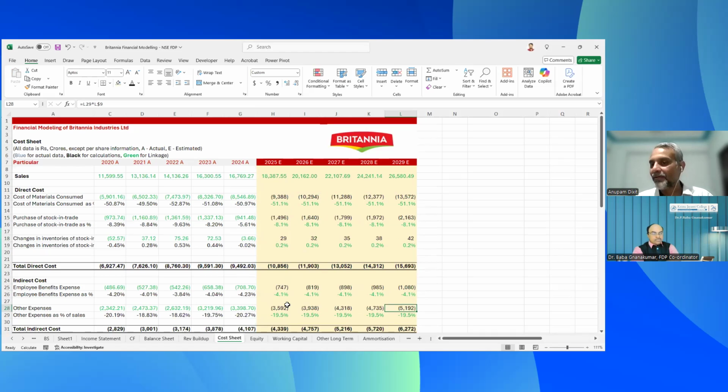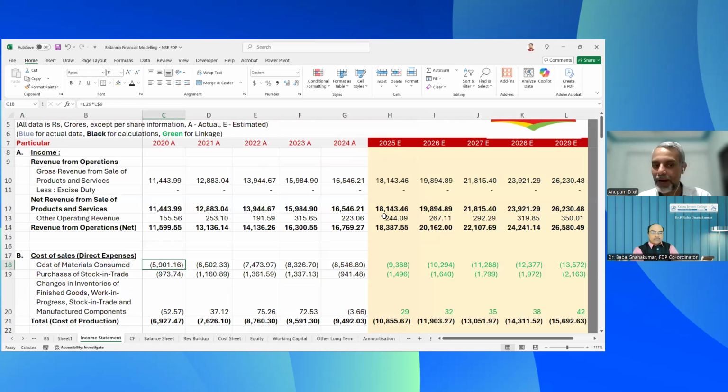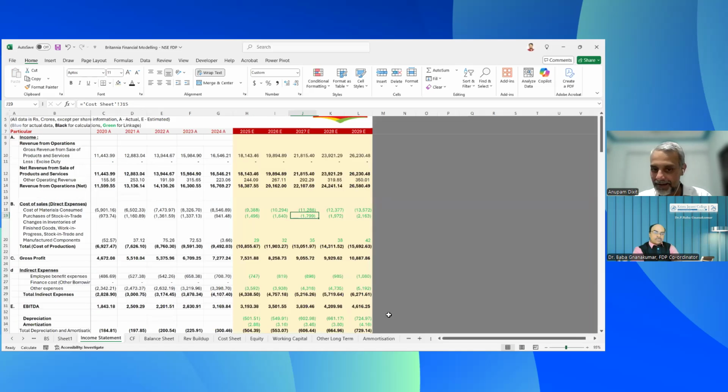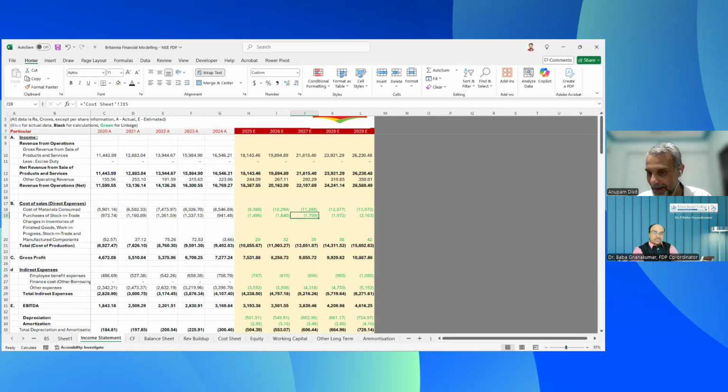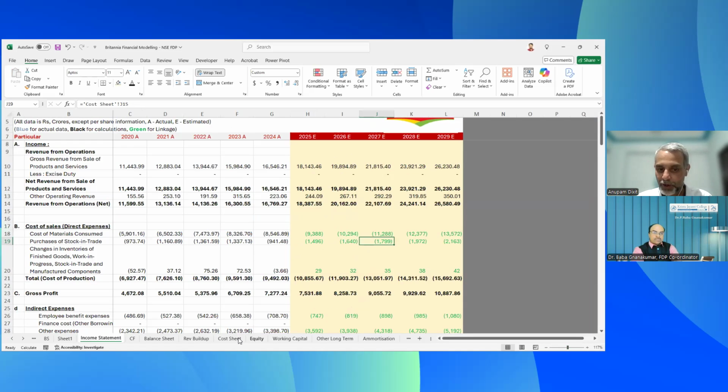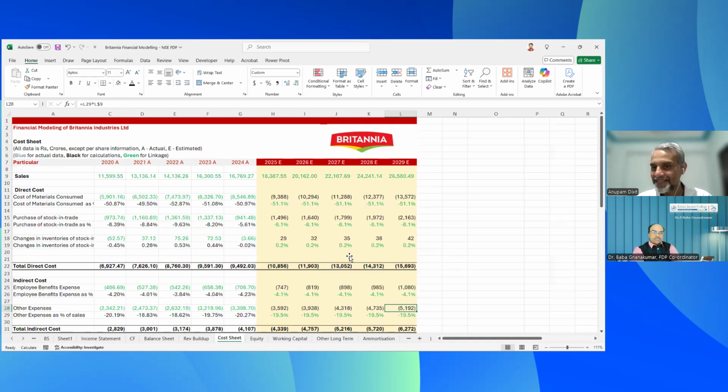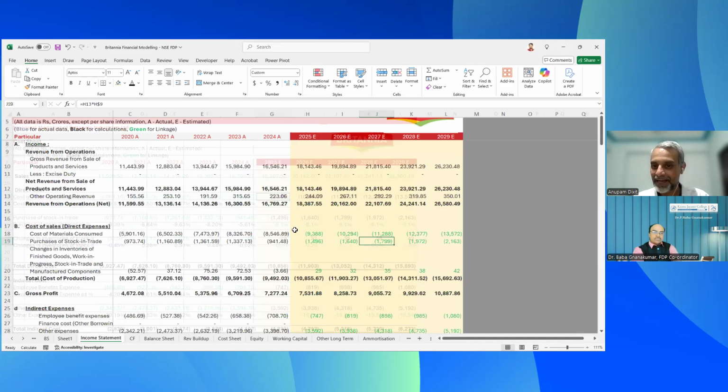So once we have calculated these costs, we take these costs and bring them back to our income statement, right? So our next 5 years costs here are getting derived in that cost sheet, and the cost sheet is getting derived through the sales, and every line item as a percentage of sales historical value. We either use a bullish, bearish, or base case scenario, arrive at these values, then link these values in our income statement, right?